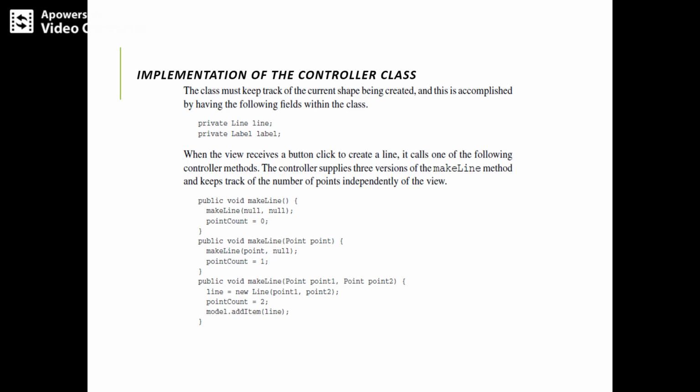So the variable count and the model are both fields within the controller class that respectively keep track of the number of points received and the instance of the model class. The execution of make line causes the line to be part of the model. The view can then set the end point of the lines via their respective listener methods.